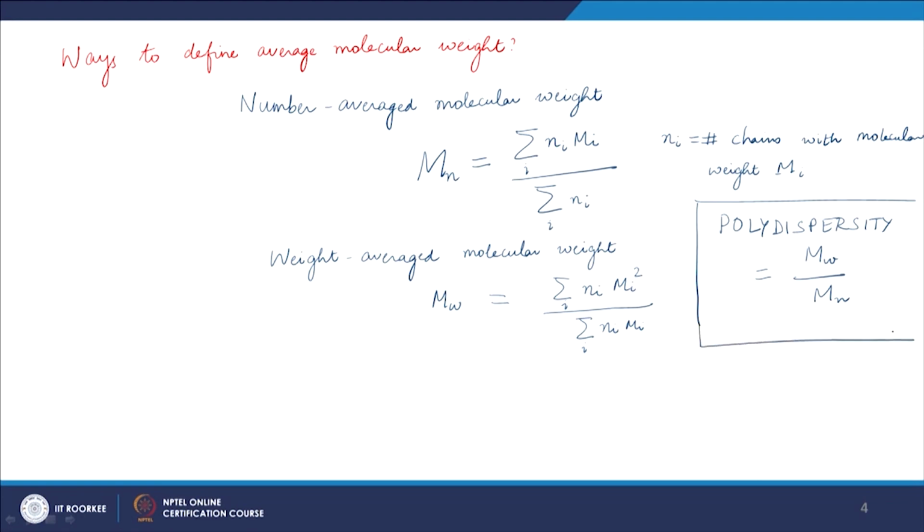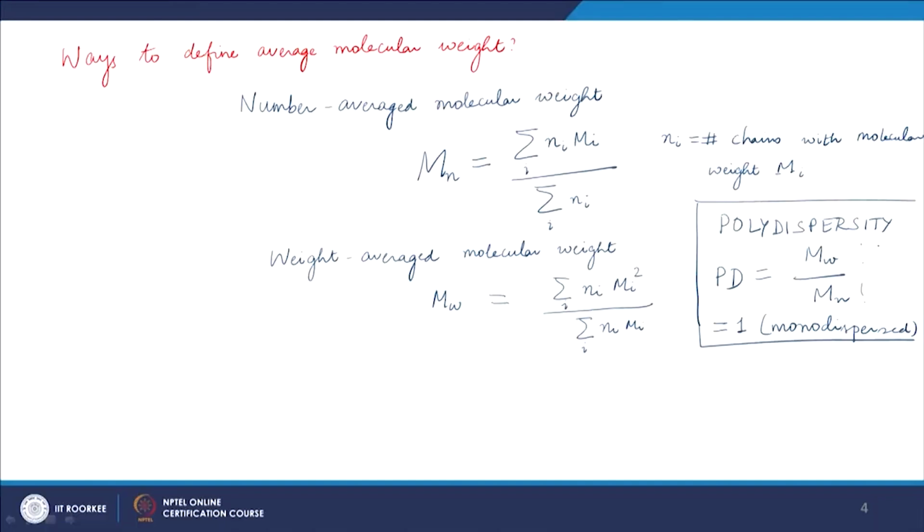And I want to establish that this quantity, typically referred to as PD, is equal to 1 when it is monodispersed, that is what everyone aspires to be but never gets there. That is when there are only chains of a prescribed molecular weight, there is no range, all the chains have the same molecular weight. But the quantity PD, how far it is from 1, tells me how polydispersed it is.